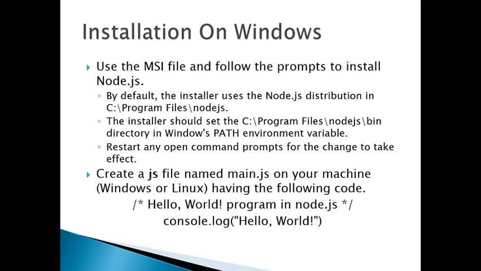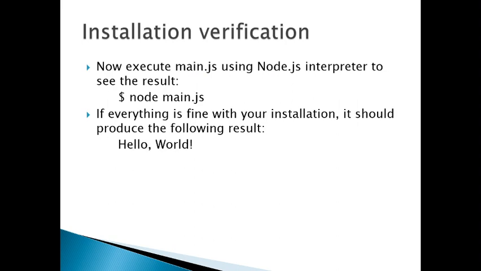You will open a file, write console.log hello world, and that's all. You will save that file. So you have created your first script. As usual, it is a hello world with which we will normally start. Now, if we want to verify that the installation is okay, we will go to our command prompt.